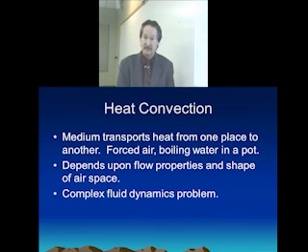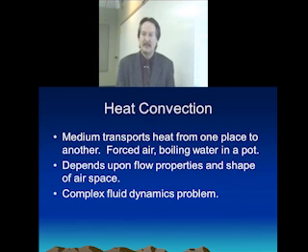In the previous slide, when we dealt with conduction, there was contact between the two temperature regimes, T1 and T2. In this case, there's no contact between where the heat is generated, such as the furnace, and where it is deposited, such as in the room.